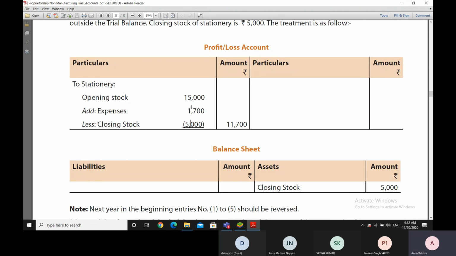And here we have made the calculation to find out the cost incurred on the stationery during the year. So 11,700 is the cost incurred on the stationery during the year, which is being debited to the profit and loss account, and 5,000 is the closing stock of the inventory that is also being reflected in the balance sheet.